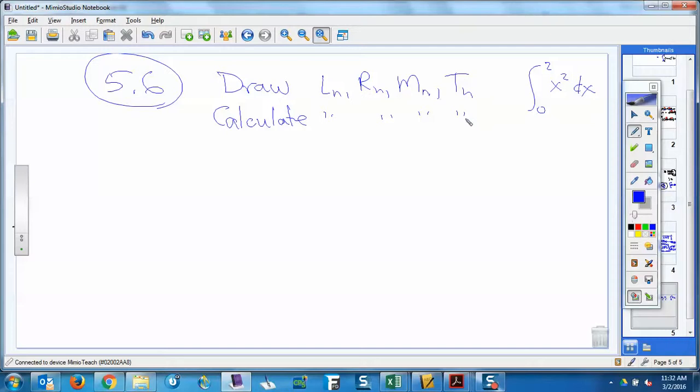Be able to do that kind of thing. And you want to be able to do those with graphs, equations, and tables. We've done several here with tables as well.